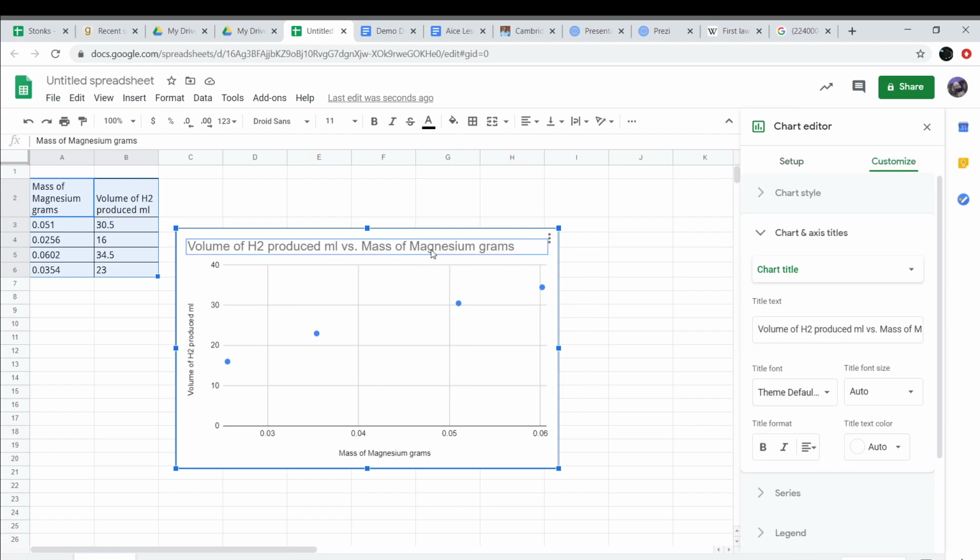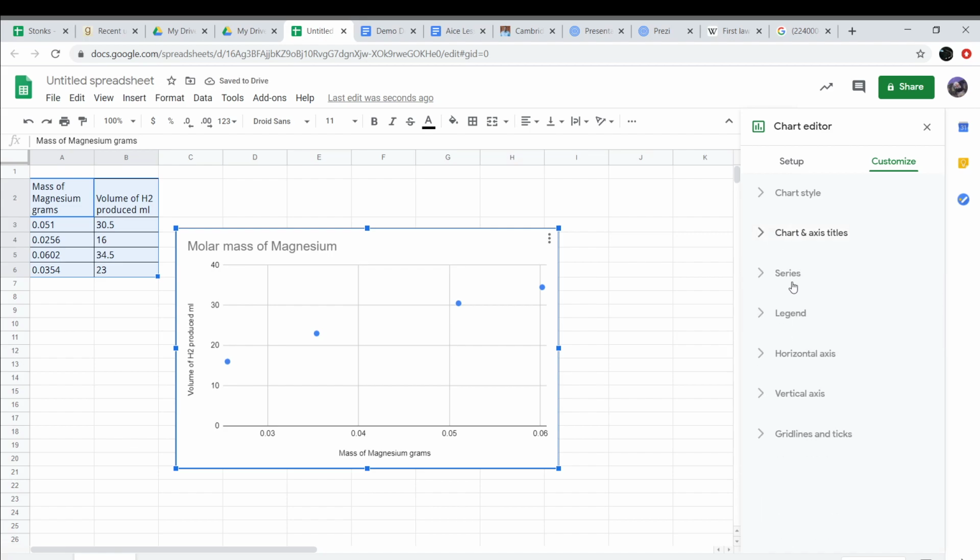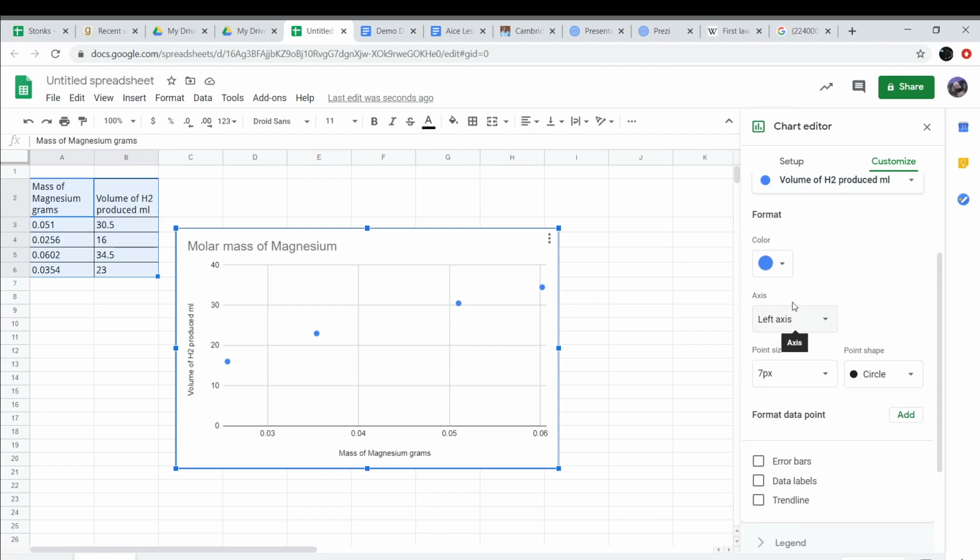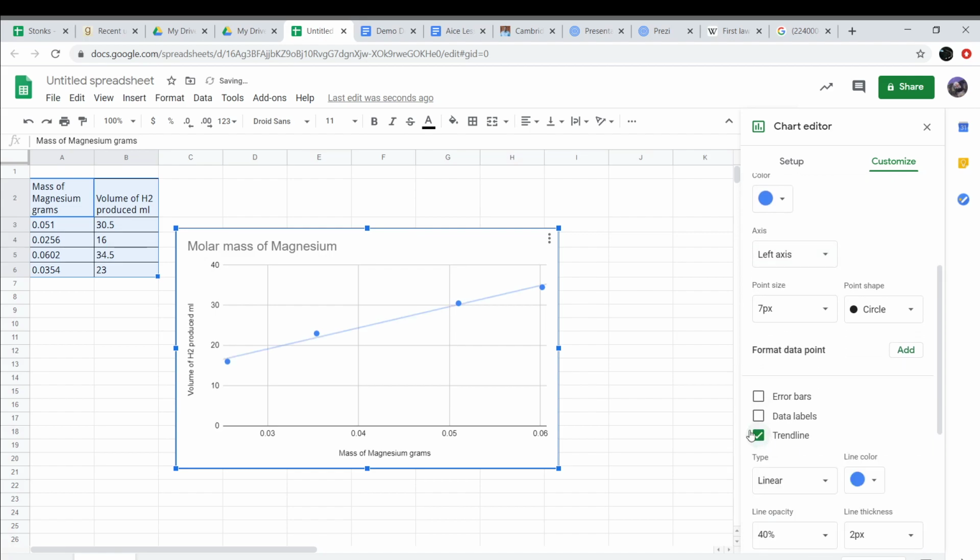We're going to want to rename our chart here. And that's going to be the molar mass of magnesium. Okay. And then the next thing that we're going to want to do on our chart is make sure that we get a line, okay? And we're going to get that by going down here. We're going to get the trend line.